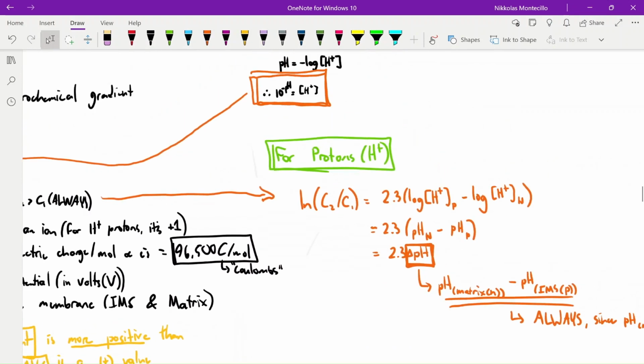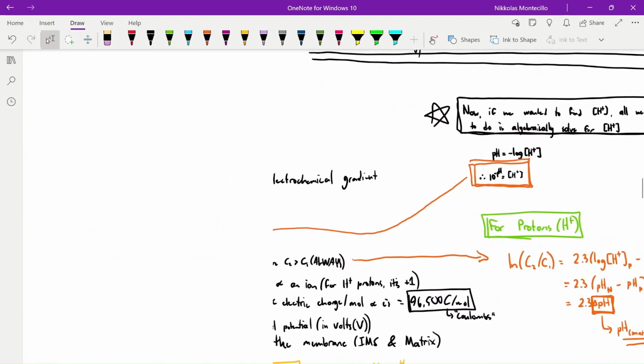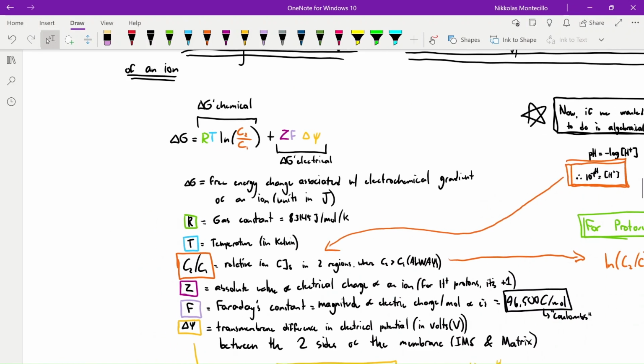Alright? So that's essentially what this formula, this mathematical expression, comprises: the chemical potential for the change in the energy of the electrochemical gradient.